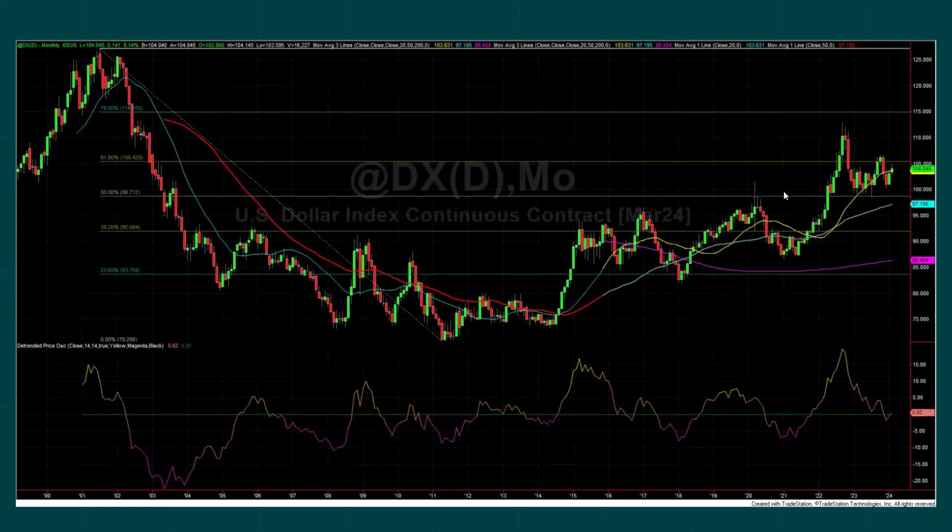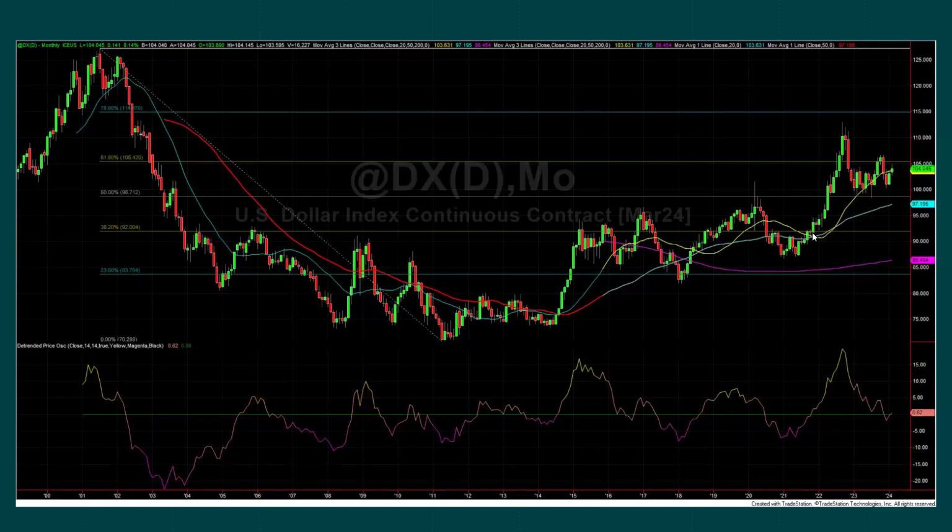I also wanted to use, especially when it comes to Forex, the Fibonacci levels, which are applied quite a bit. This is on a monthly basis, and I've also used a 20-month, 50-month, and 200-month moving average. Although they're very slow, they give you an idea where we stand as far as the trend goes.